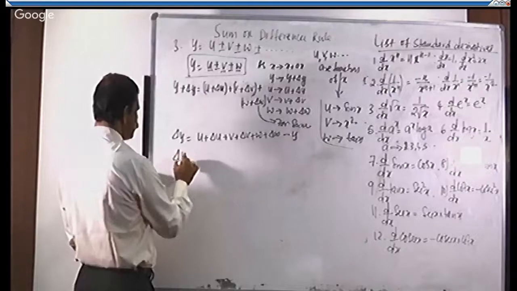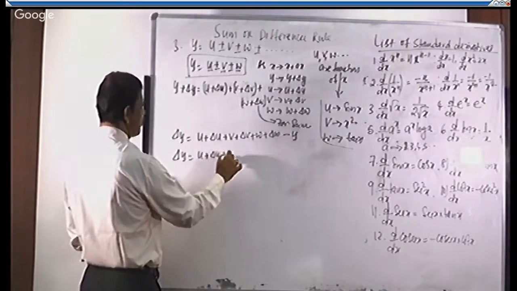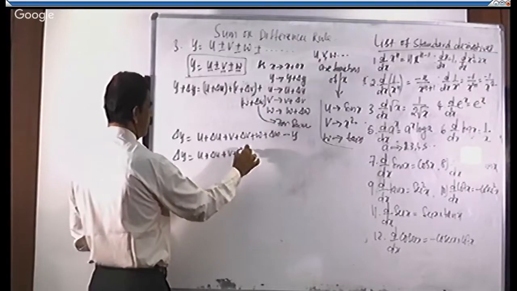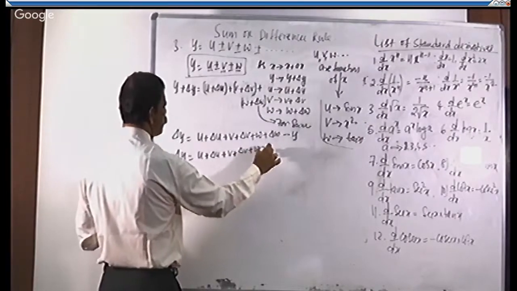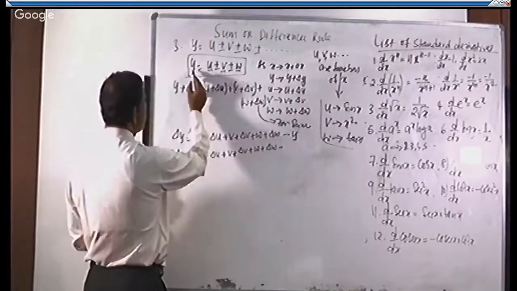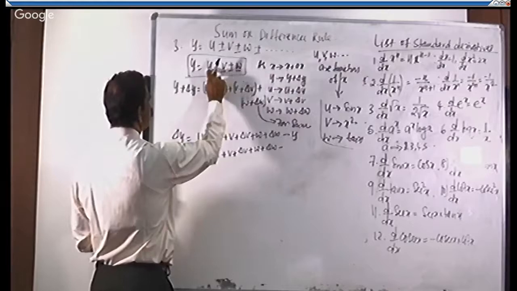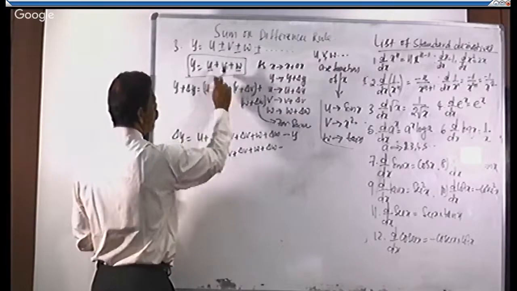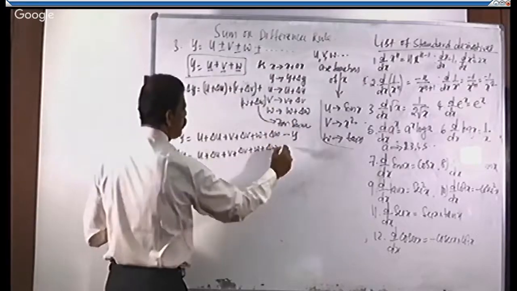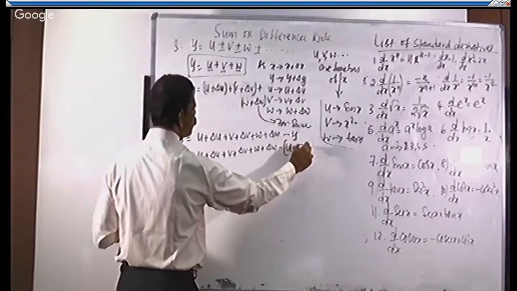Then delta y is equal to u plus delta u plus v plus delta v plus w plus delta w minus y, where y is equal to u plus v plus w, considering only the sum rule.